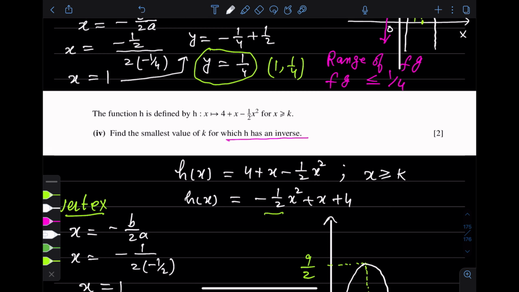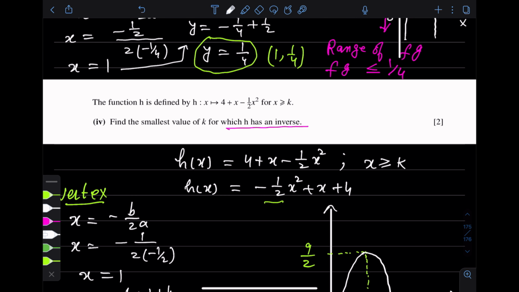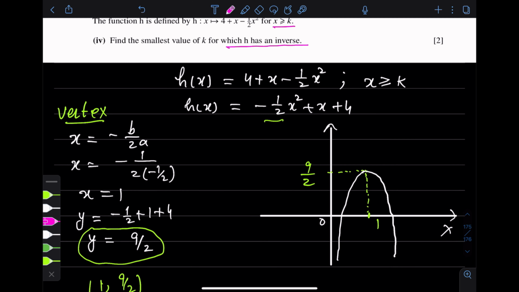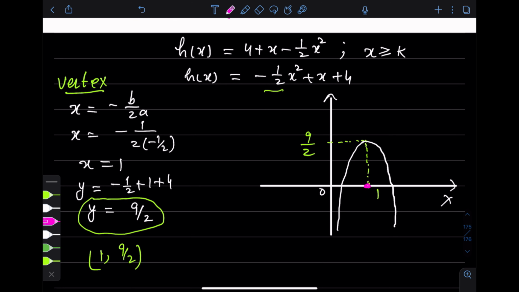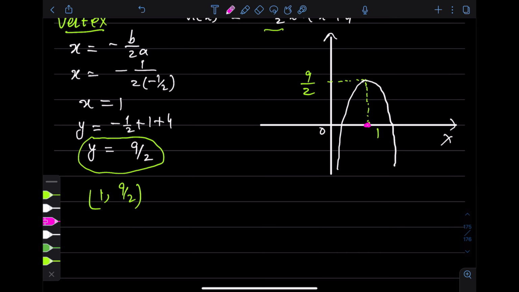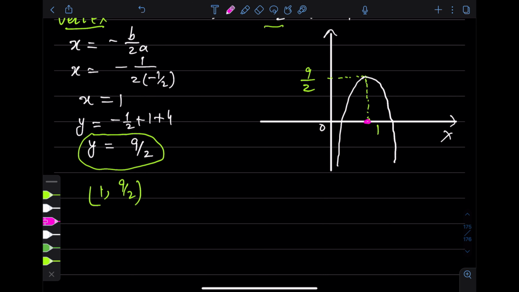So we have to find the smallest value of k. You know k is actually the value of x. So this is the value of x, the smallest value of x for which the function is 1 to 1, because h has an inverse. An inverse is possible only if the function is 1 to 1. So this is the smallest value of x.